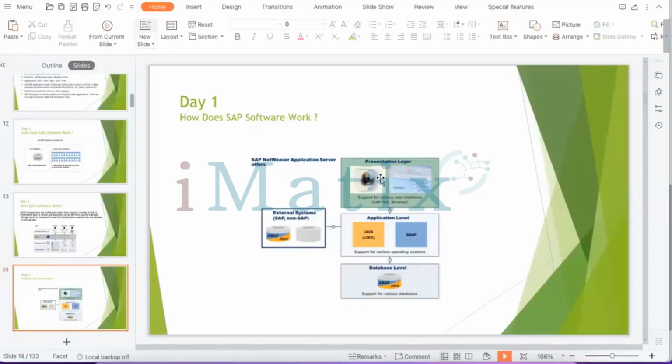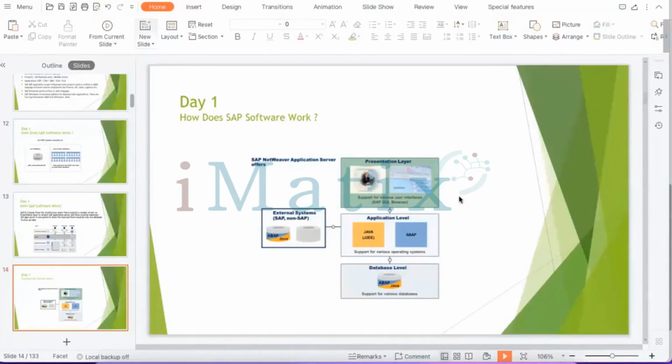You log in through the presentation layer, connect with the application layer, and then connect to the database layer. In the presentation layer we have software called SAP GUI, Graphical User Interface, or through a browser you can connect to the application layer and then to the database.